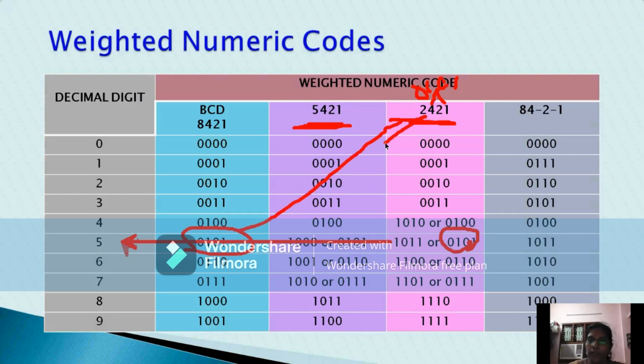What bit pattern are we using? 2421 bit pattern we are using. So this also possible, this also possible using this bit pattern. Understood? Like that you have to remember. Now, but for the binary you should not say this for 5. This is what coding system? 2421 coding system. Okay. How did you get this 1011?